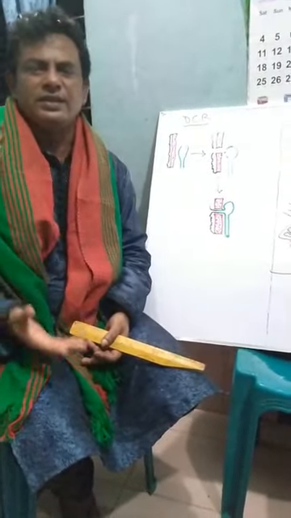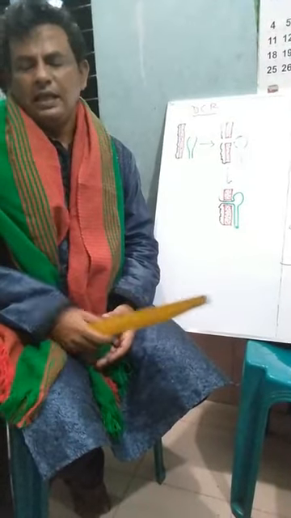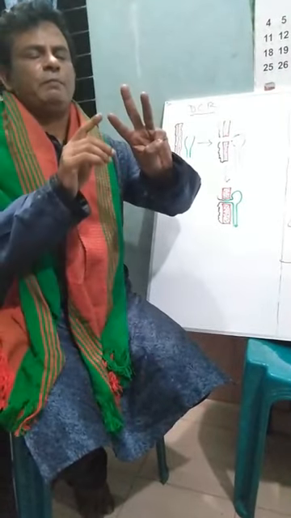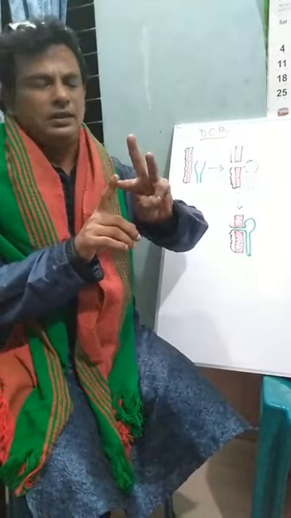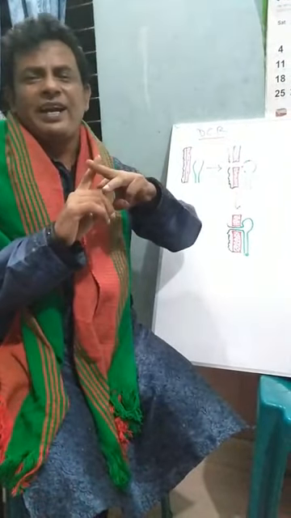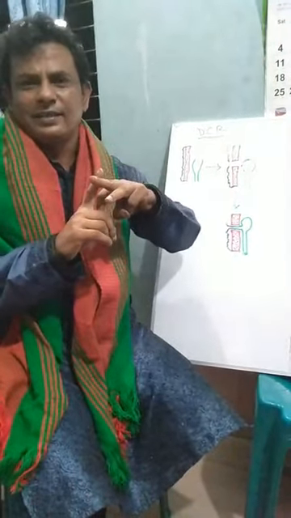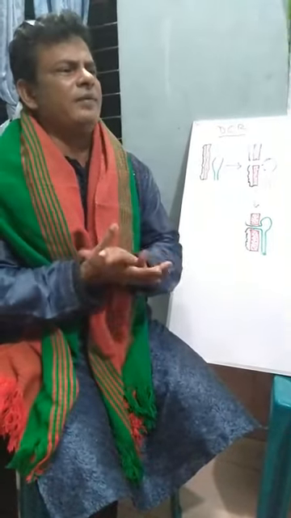Now investigations. At first, laboratory investigations: bleeding time and clotting time, that means BT, CT; X-ray of the paranasal air sinuses, X-ray PNS, OM view, occipitomental view; then CBC, complete blood count, and blood sugar. These are the laboratory investigations.